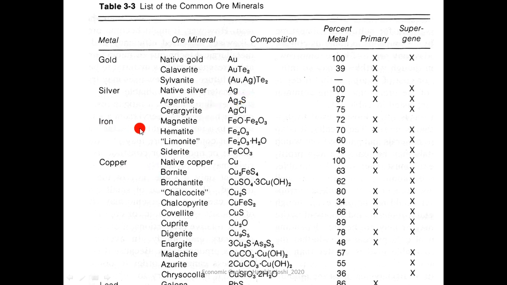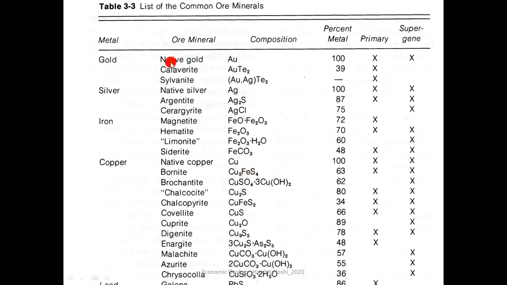Likewise for iron, we get it in the form of magnetite, where iron is associated with another element. Likewise for copper, we may get nuggets of pure copper, or we may get it associated with other elements.